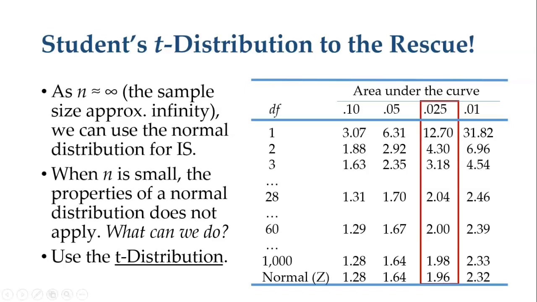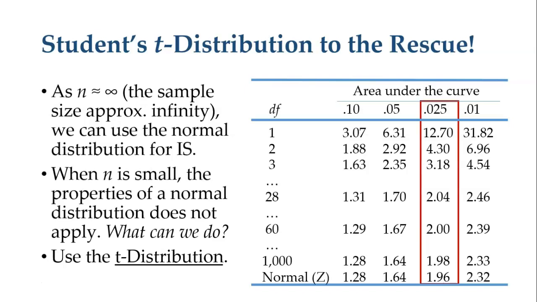But when my degrees of freedom increase, for instance, when I have 2 degrees of freedom, I'm going to have much more precision. And there are values such as 60 degrees of freedom in which I almost have the same value as the 2 standard deviations.